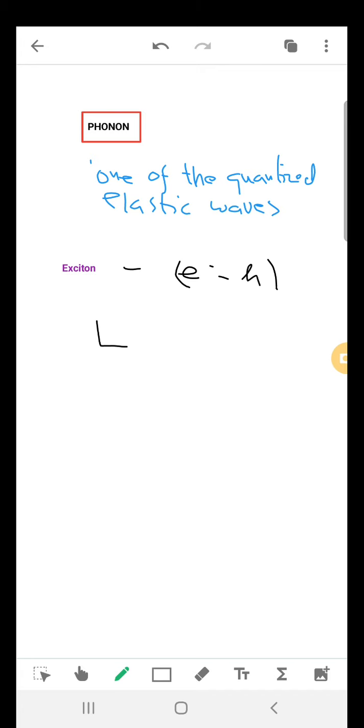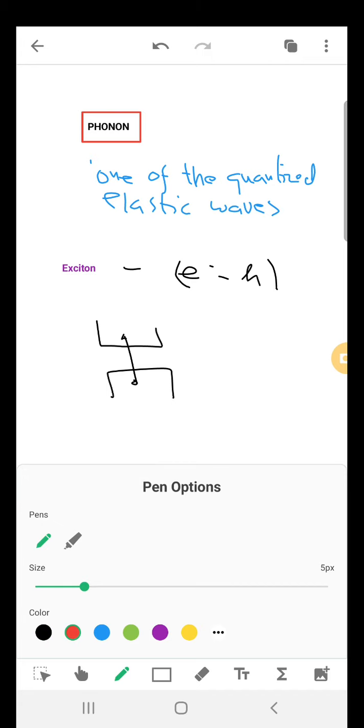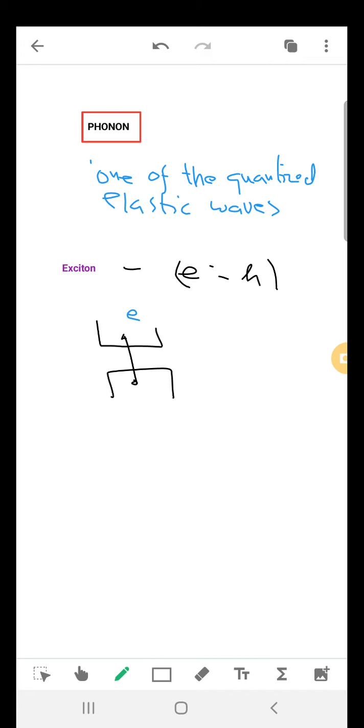Suppose you have a conduction band and a valence band, and by some way this electron jumps and goes to the conduction band. So in this condition you have an electron here and a hole here. However, these are under the influence of one another, so there is still a Coulomb interaction between the two. This is what forms an exciton. So they are bound even though they are separated.